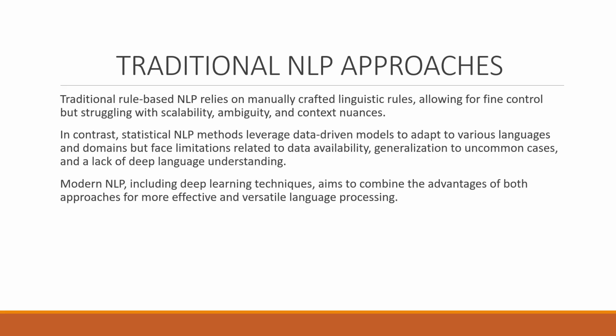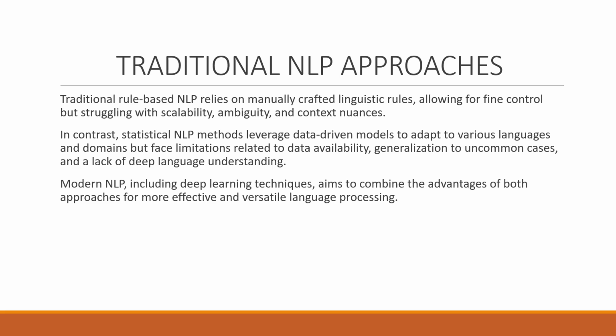Now let us dive into different traditional NLP approaches. Starting with the early NLP approach, it relied strictly on rules set by people to tell the computer how to interpret the language. The system could handle certain processes well, but struggled with complex language.